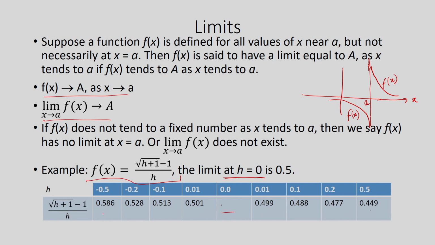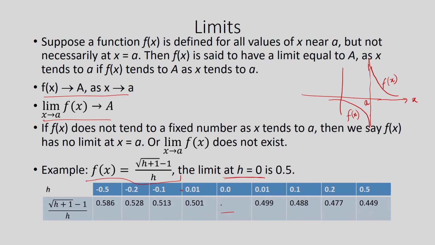So, I take h equal to minus 0.5, the corresponding value of the function is 0.586. Then I take minus 0.01, the corresponding value of the function will be 0.501. So, it is very close to the value 0.5.